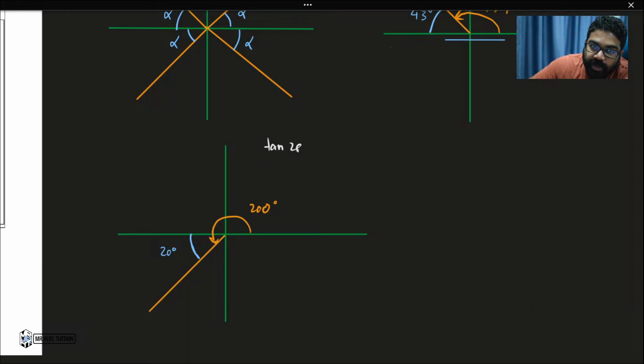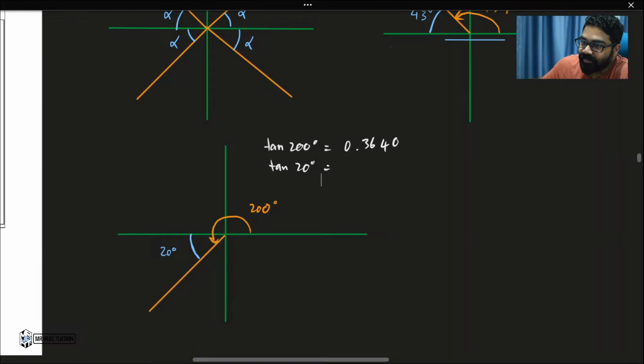Tangent 200, use your calculator. 0.3640. Now you check what is tangent 20. Same, isn't it? Sama kan?